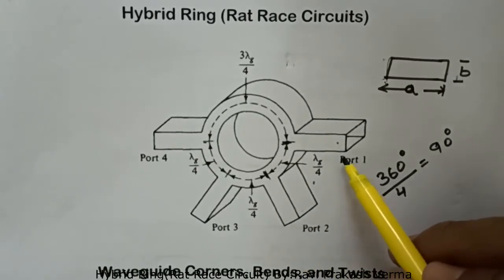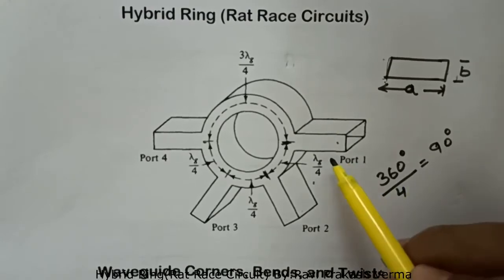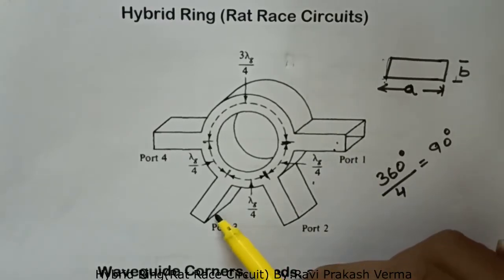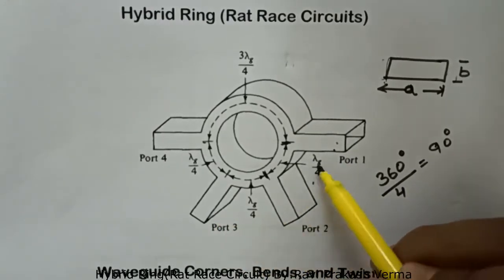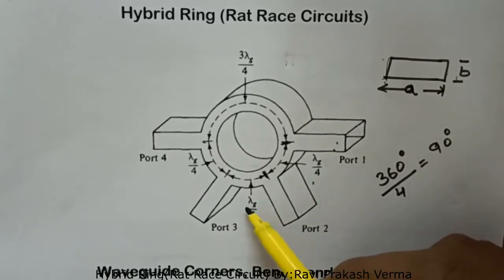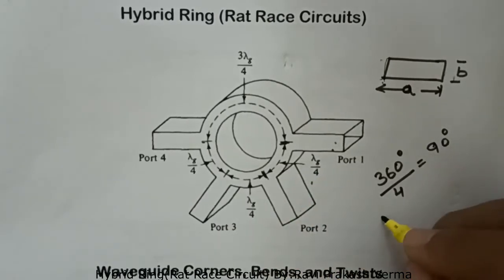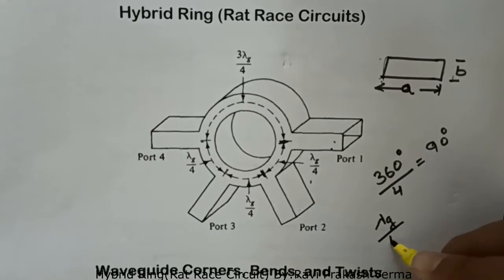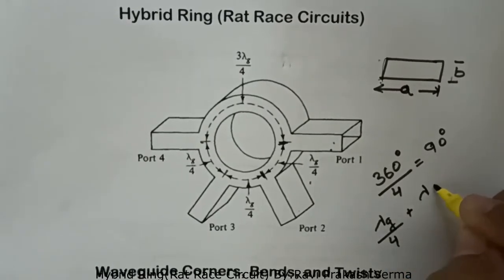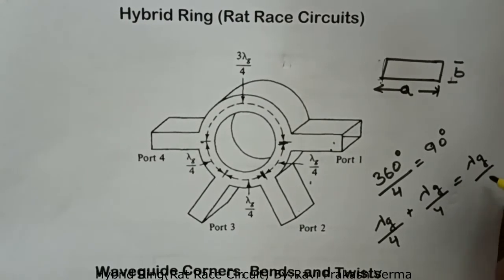Similarly, if we calculate the phase difference between port 1 and port 3, it will be lambda G by 4 plus lambda G by 4, which is lambda G by 2.